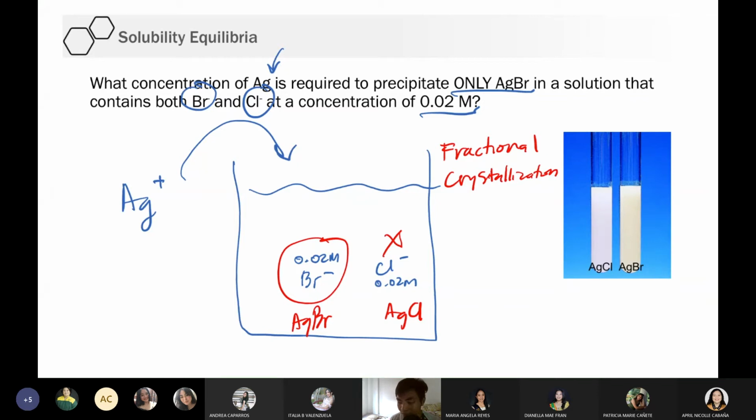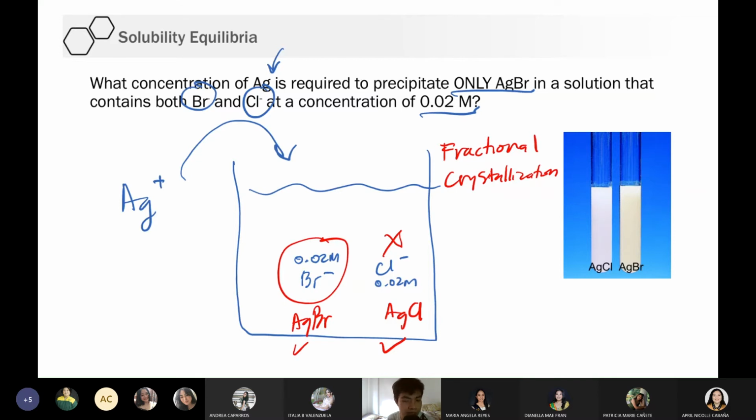Okay? So, paano natin to sasagutan? Using the Ksp for AgBr and the AgCl, we can determine kung gaano karaming Ag ang kailangan to reach that threshold.